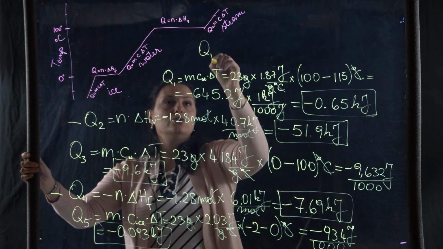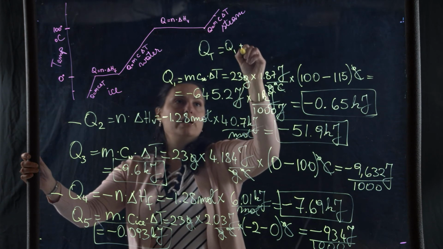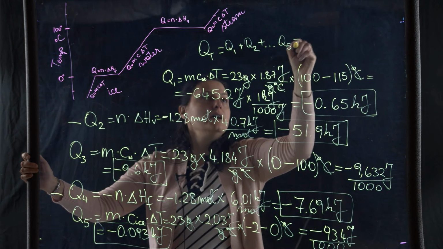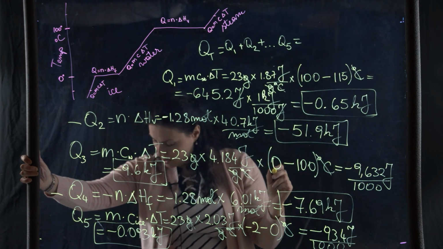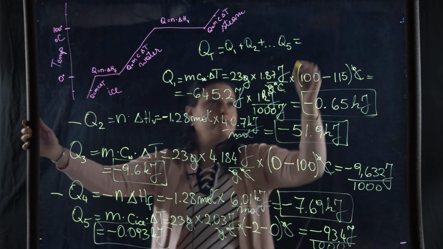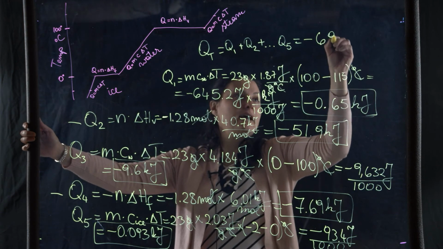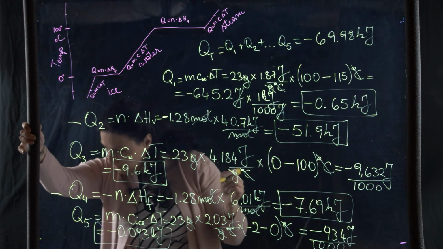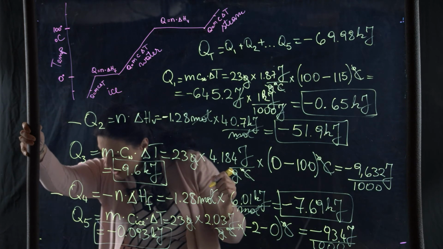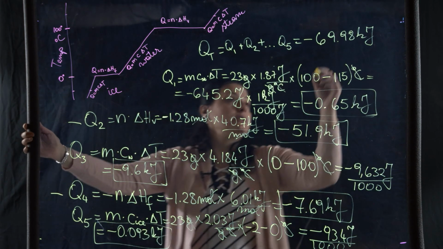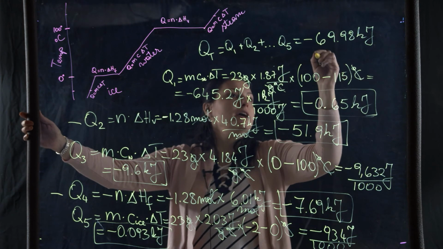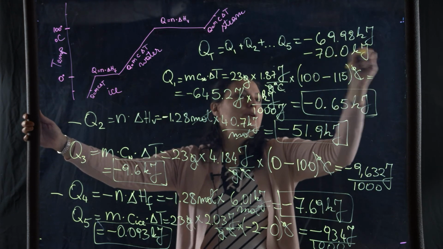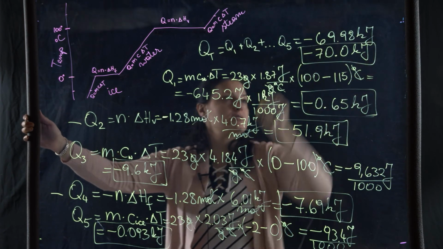My total Q T is Q1 plus Q2 plus through Q5, and it's equal to a total of minus 69.98 kilojoules, or, let's see, it will be minus 70.0 kilojoules with significant digits.